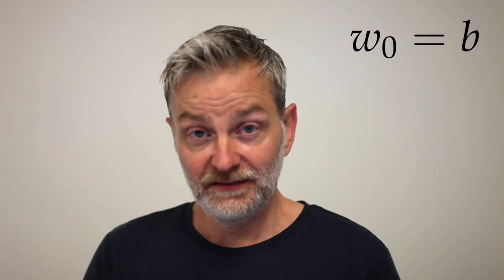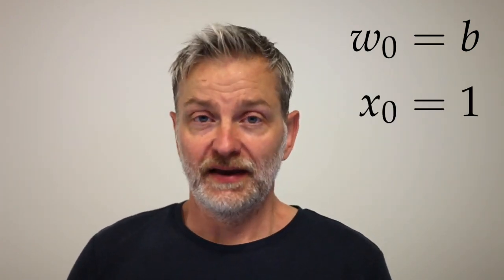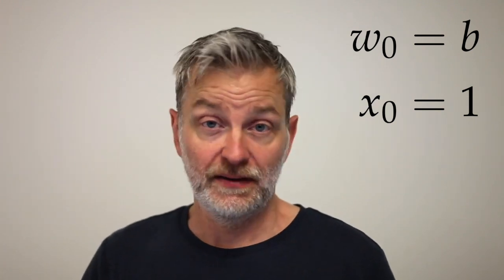Alternatively, we can consider the intercept to be an additional element in the weights vector to be estimated. So we add an extra weight dimension w0, and all of the input feature vectors, the x's, will be augmented with a dummy feature which always has the value 1 to correspond to this intercept term.